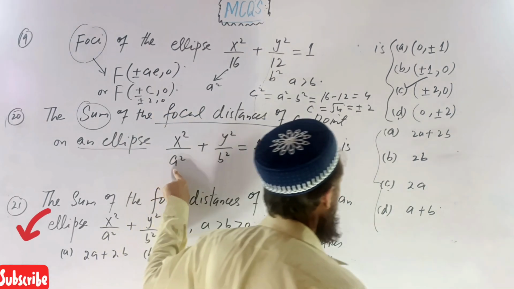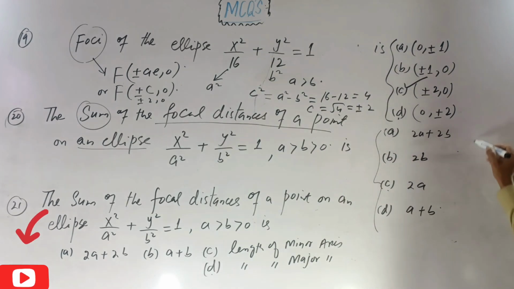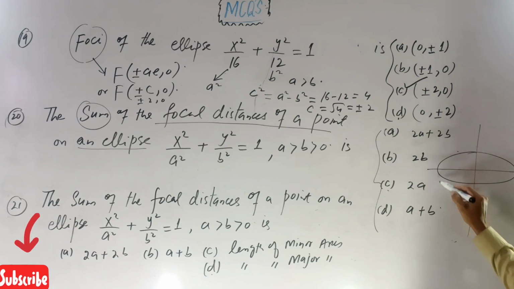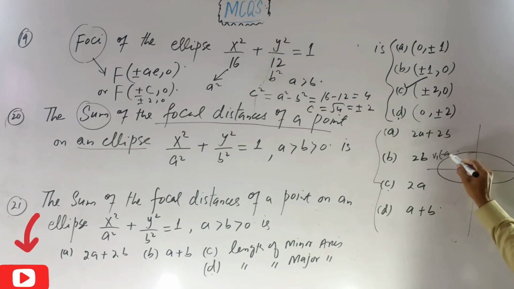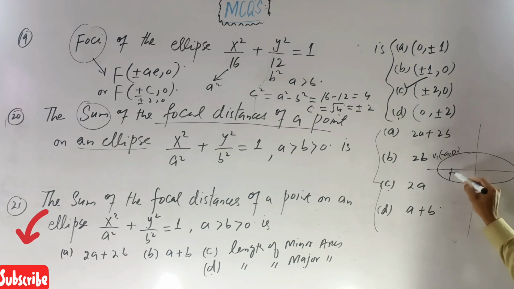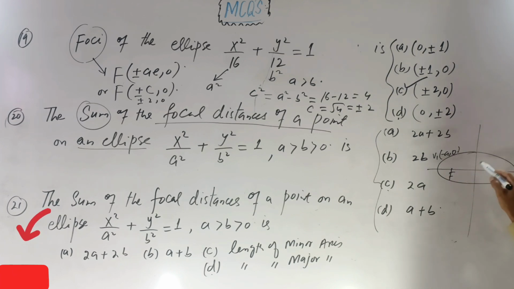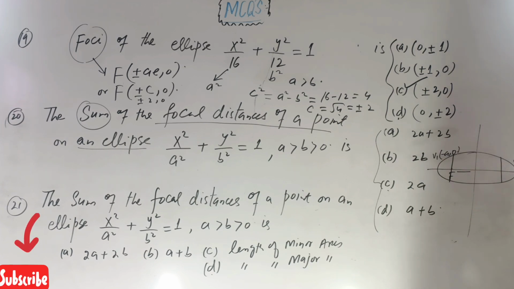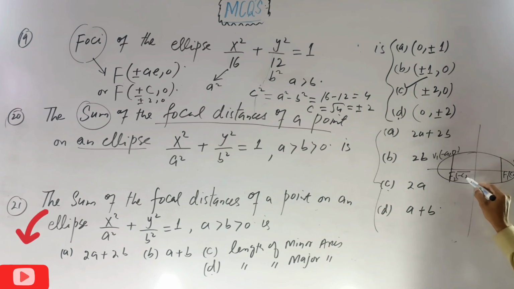Why? To find the sum of the focal distances, we draw a sketch of the ellipse. The vertices V1 and V2 are (minus A, 0) and (A, 0), and the foci F1 and F2 are (C, 0) and (minus C, 0).